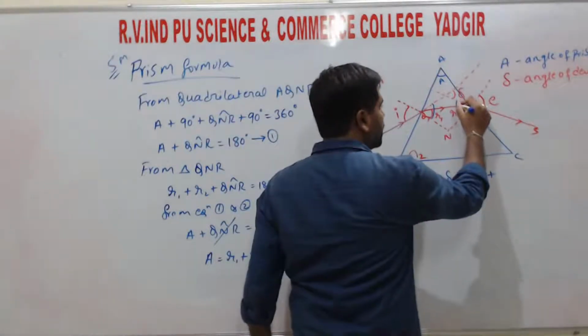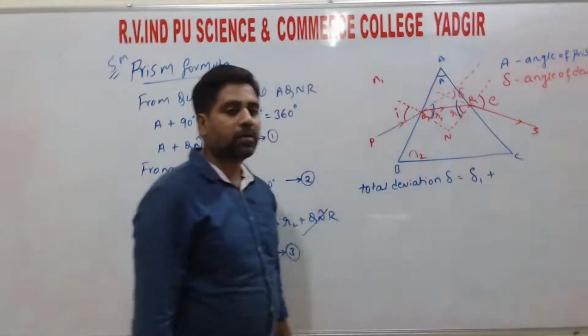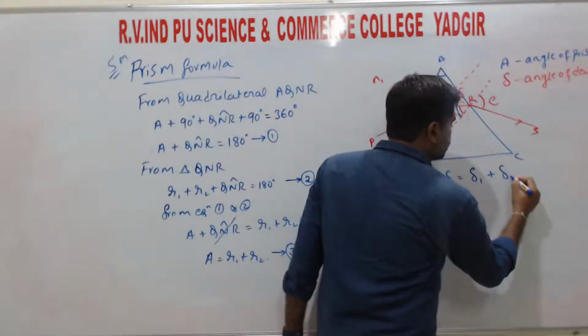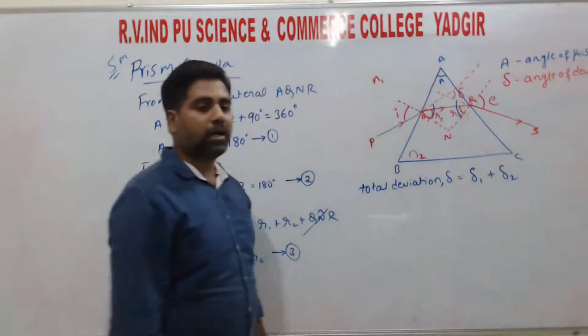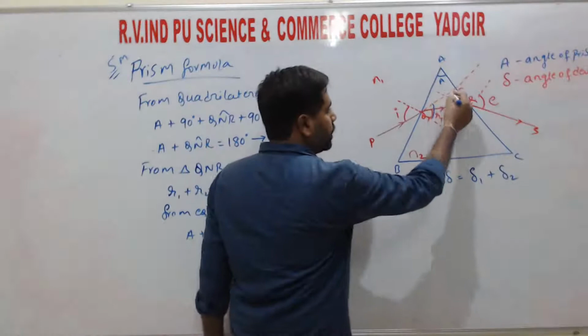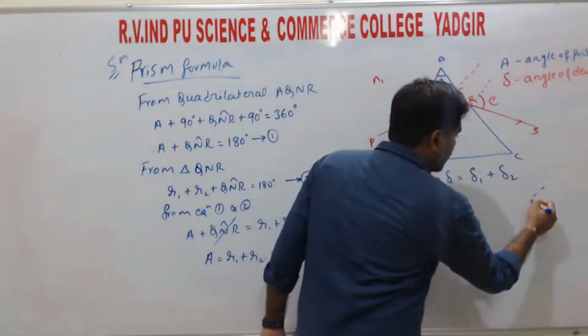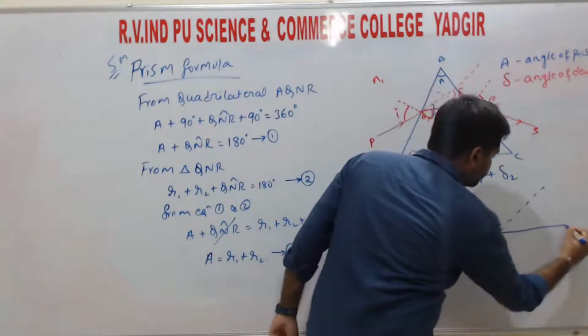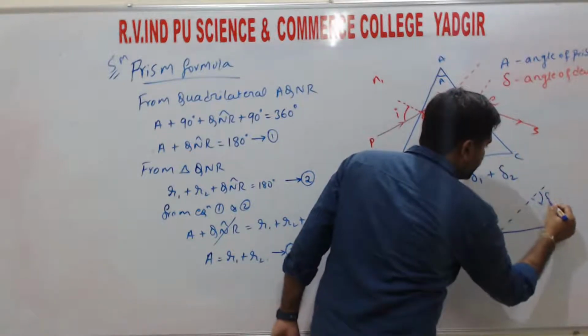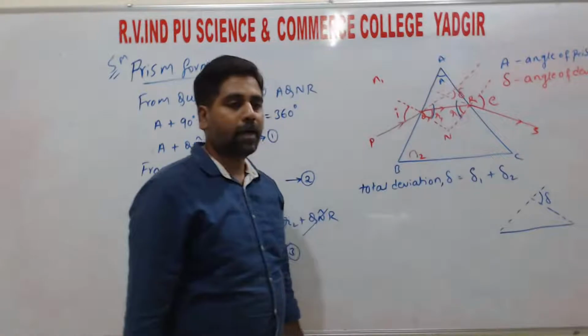Here we have the angle, that is the deviation delta 2, right? So the total deviation delta is equal to delta 1 plus delta 2, right? So this deviation we have like this. This is deviation delta, right?